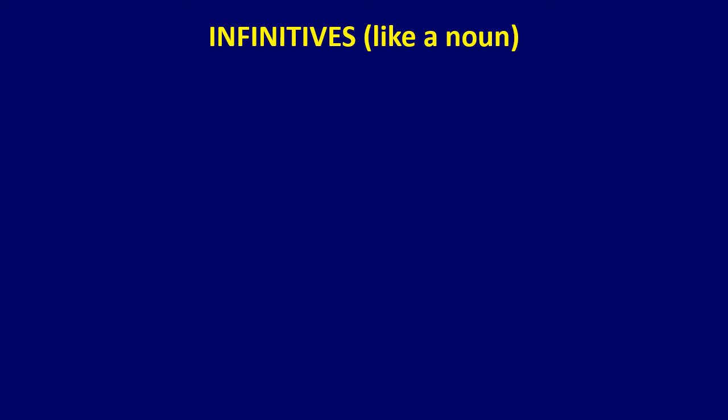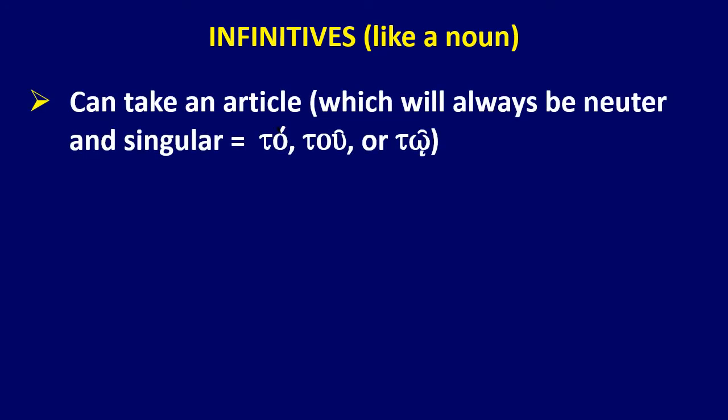And the infinitive, being a verbal noun, can also function like a noun. It can take an article, which, by the way, when it does, in about 300 uses out of 2,300 times the infinitive occurs. So in the vast minority of cases, it's going to have an article. But when it does have an article, it's always going to be neuter and singular in these three forms: to, tou, or tō.